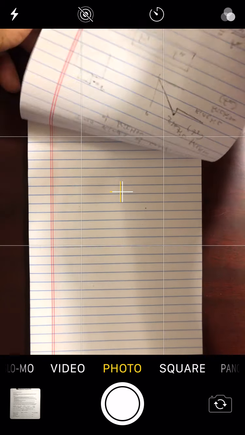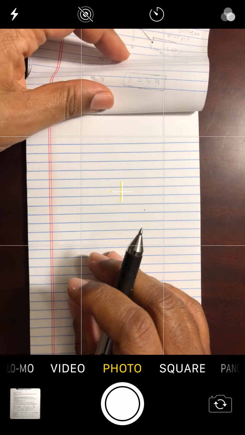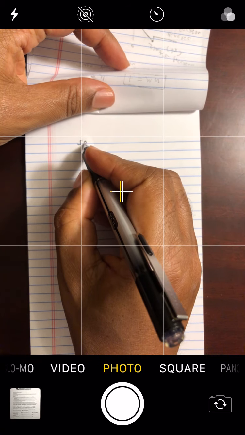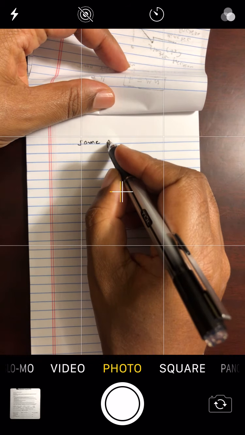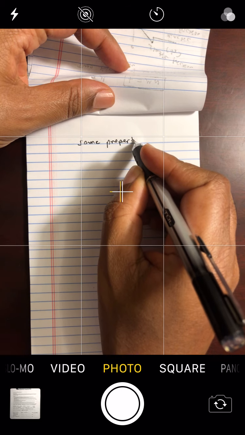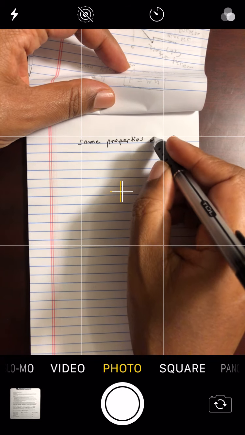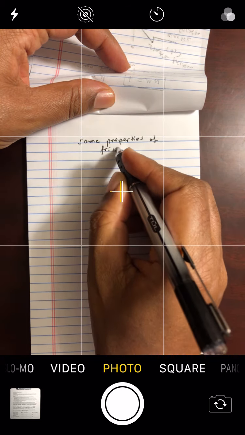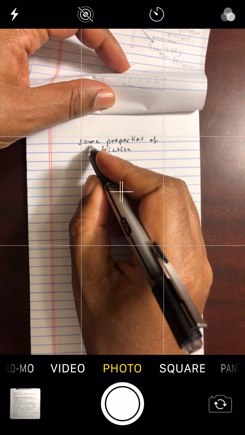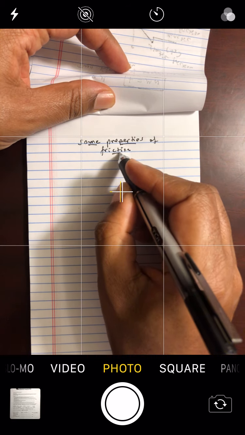Now let's look at some other properties of friction. We have stated some of them already.